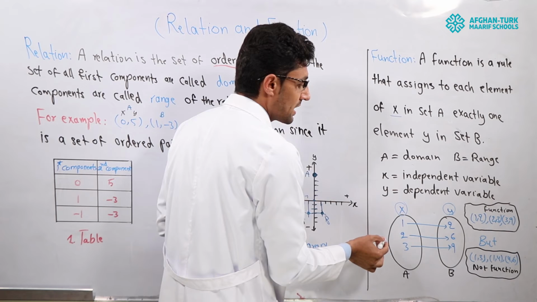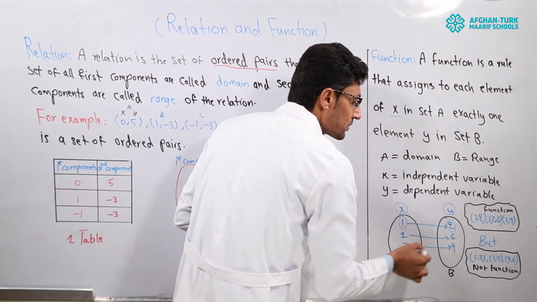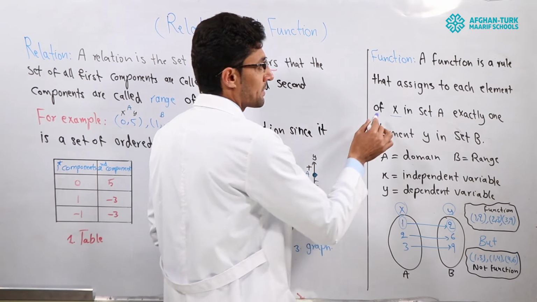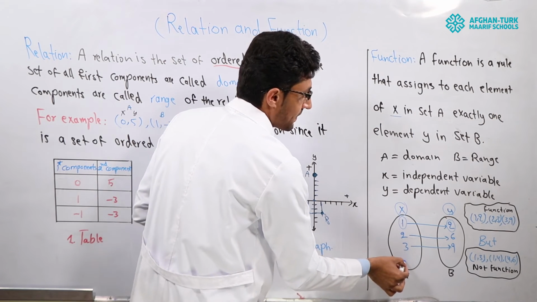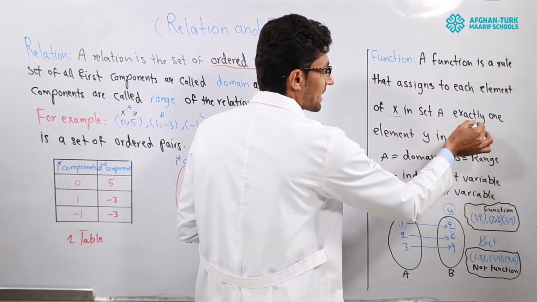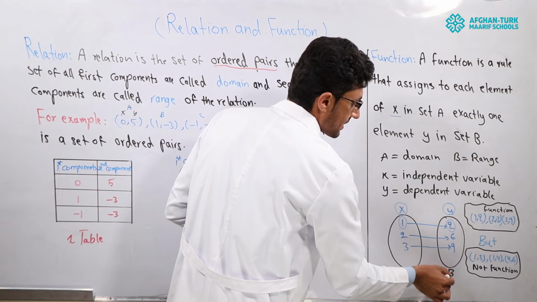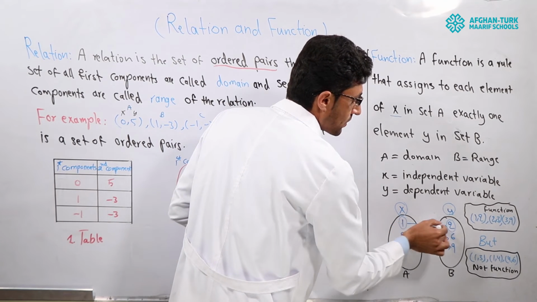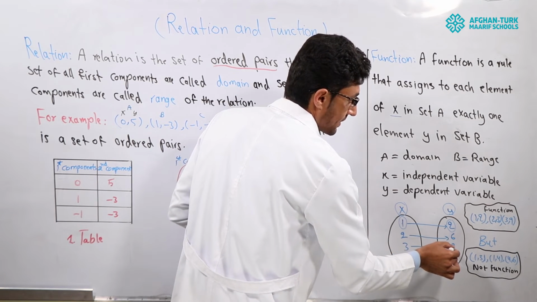And here, what do we say? 1 is only related to 2. It means that each element of x in set A has exactly one element y in set B. It is set A and it is set B. So here we see that 1 is only related to 2, 2 to 6, 3 to 9.